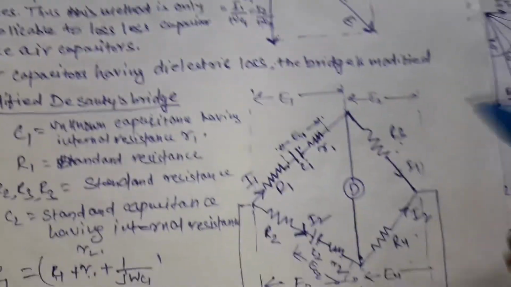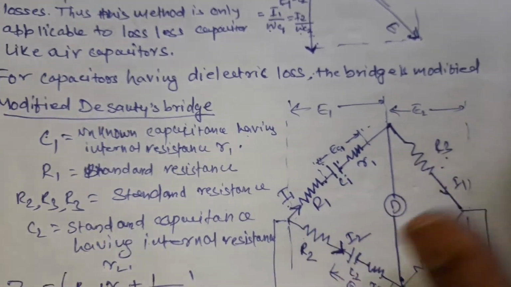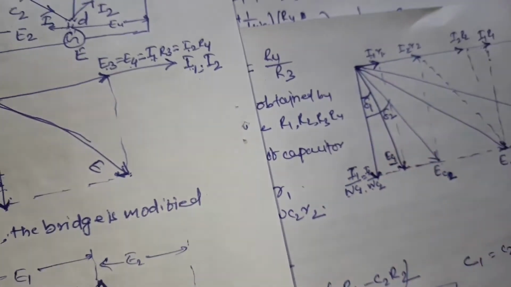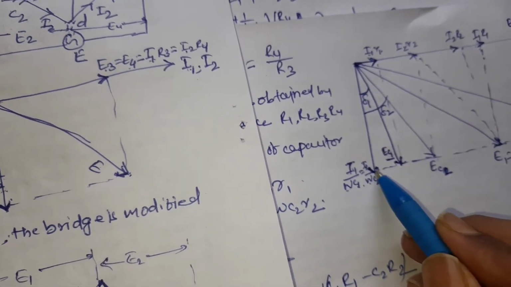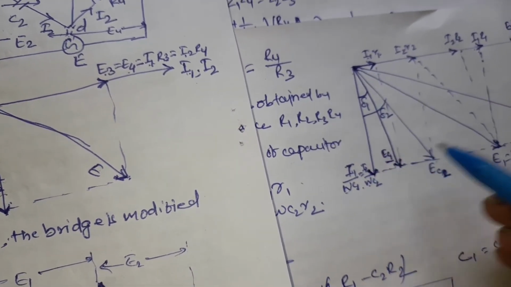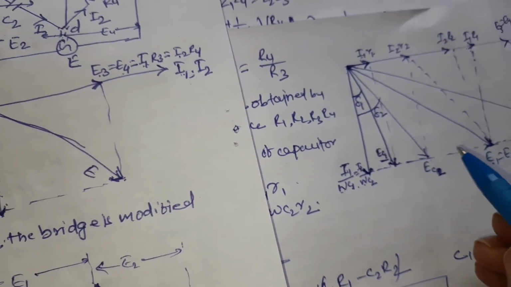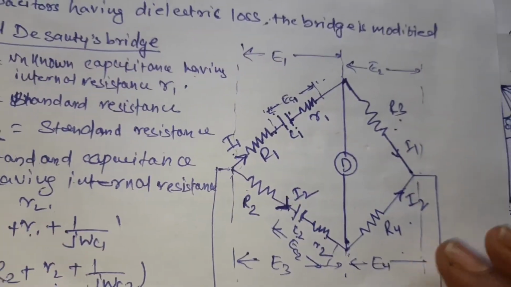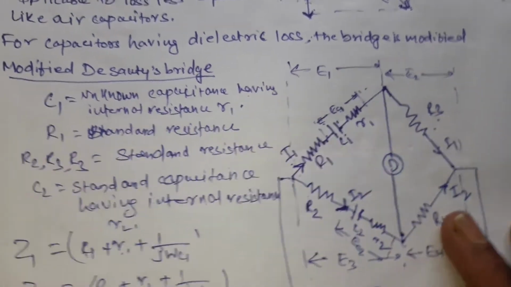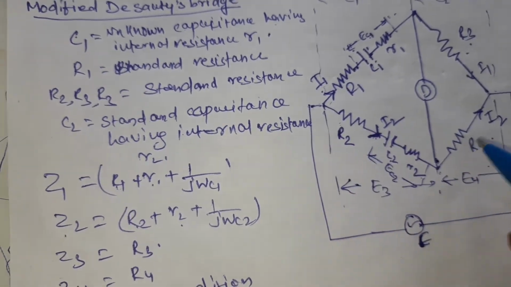So E1 is equal to the voltage drop across capacitor C1 plus I1 into R1. I1 into R1 plus EC1 gives E1, and EC2 plus I2 into R2 is equal to E2.